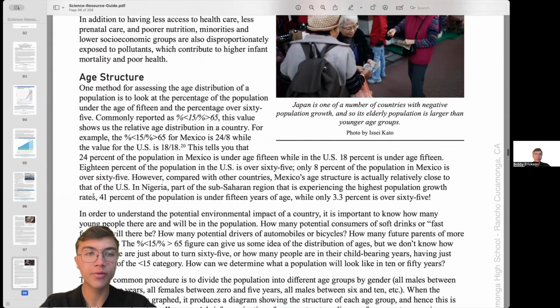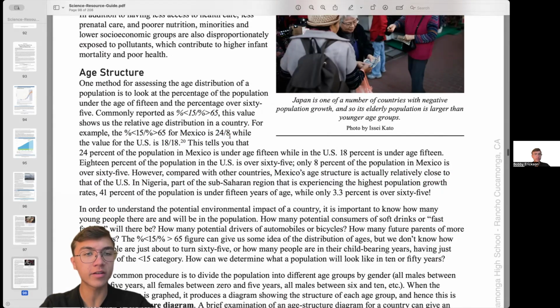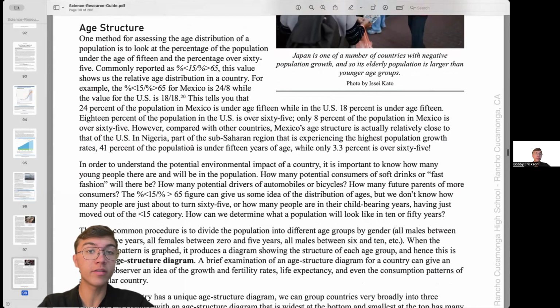If we take a look at Mexico's age structure, it's actually pretty close to that of the US. Even though it's 24 over 8, we're actually pretty close. Because if we look at other countries, such as Nigeria, which is part of the sub-Saharan region and has experienced the highest population growth, 41% of the population is under 15 years old, and only 3.3% is over 65.